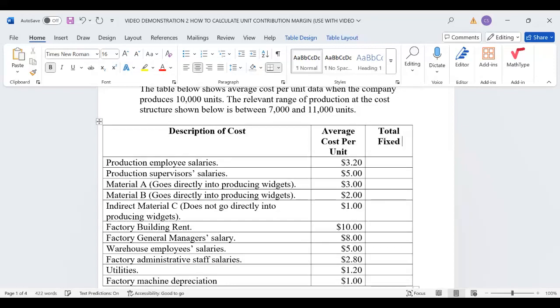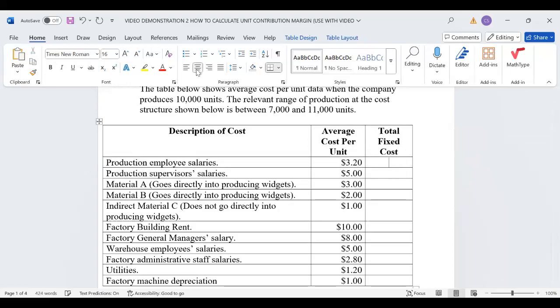Because remember the fixed cost, the average per unit cost changes as the number of units changes. So here's how it looks. Production employee salary, as we said, is a variable cost. So it won't change.